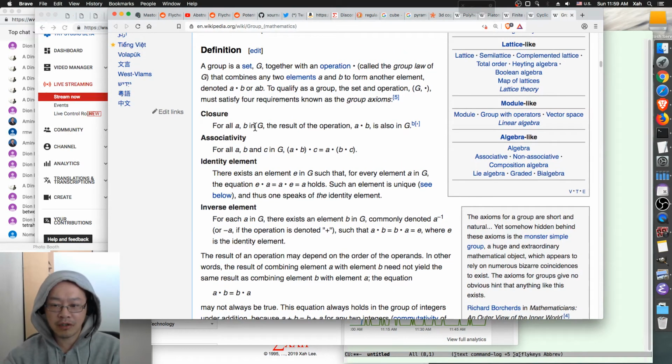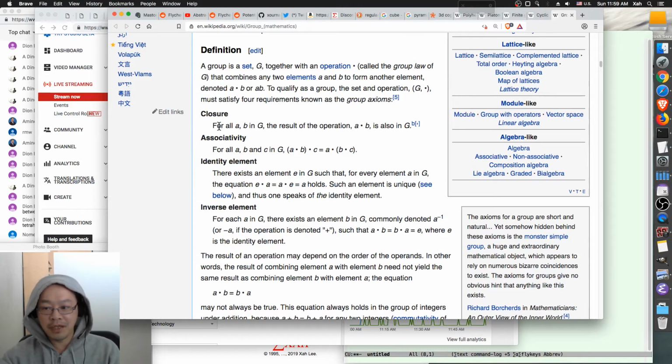First one, closure: for all A, B in G, the result of the operation A dot B is also in G. Of course. And associativity: for A, B and C in G, A dot B, then dot C, equals A dot B dot C first. That's just a rule. This rule is called associativity.